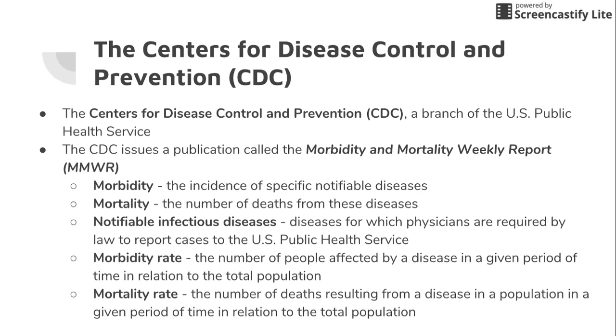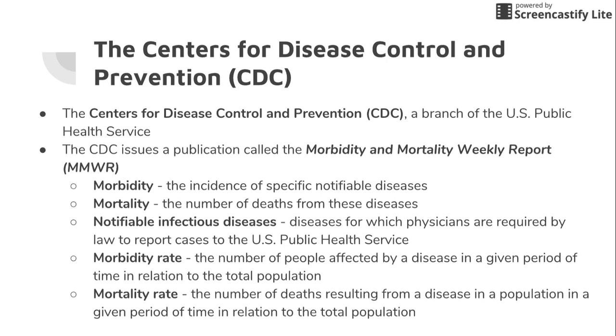So morbidity is the incidence of specific notifiable diseases. So how many times did it occur? And then mortality is how many people died from that disease.